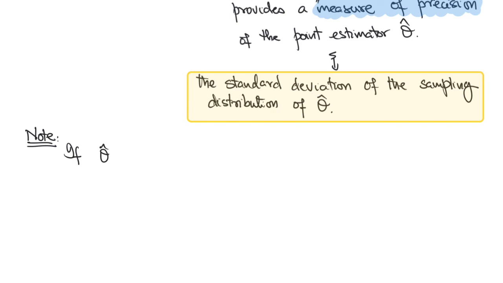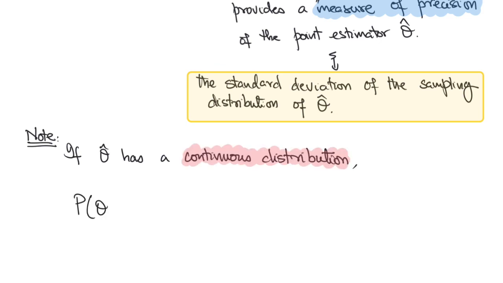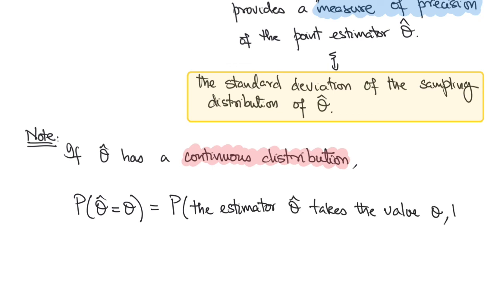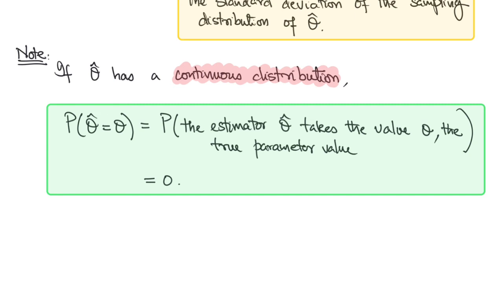Note that if theta hat were to have a continuous distribution, then we might be interested in the probability that theta hat takes the value theta. Notice that this is exactly the probability that the estimator theta hat will take the value theta, which is the true value that we're trying to estimate. And because we are working with a continuous distribution, this probability is going to be zero.